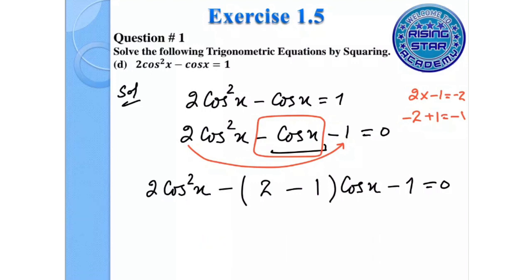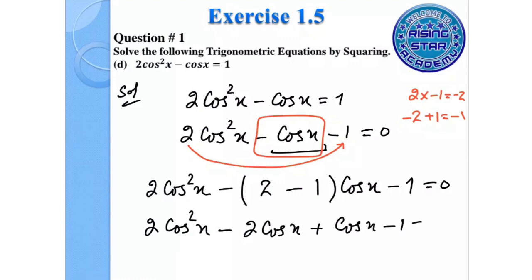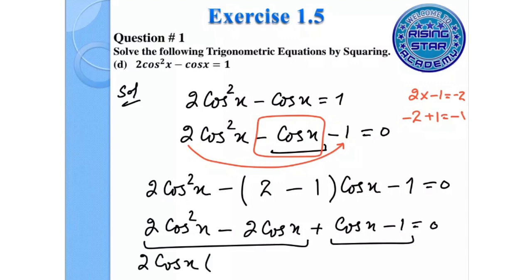So now we will simplify: 2cos²x minus 2cos x plus cos x minus 1 equal to 0. Now we will make the pair. We take 2cos x as common, so we have cos x minus 1. Nothing is common in the second one, so we will take 1 as common.